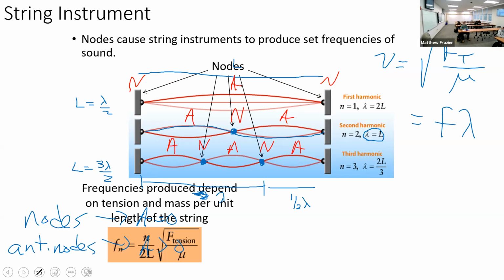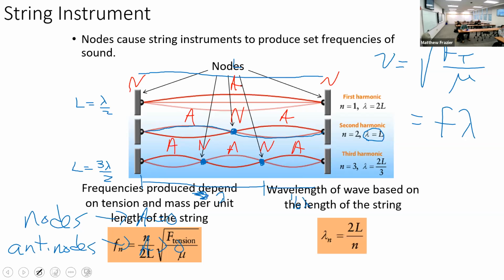So we identify the nodes, identify a formula for the frequency. The frequency is based on the speed and the wavelength. But the wavelength has to be a function of the length of the string. It has to fit on the string in some way. You have to put a half wavelength or a whole wavelength or multiples of a half wavelength on the string.